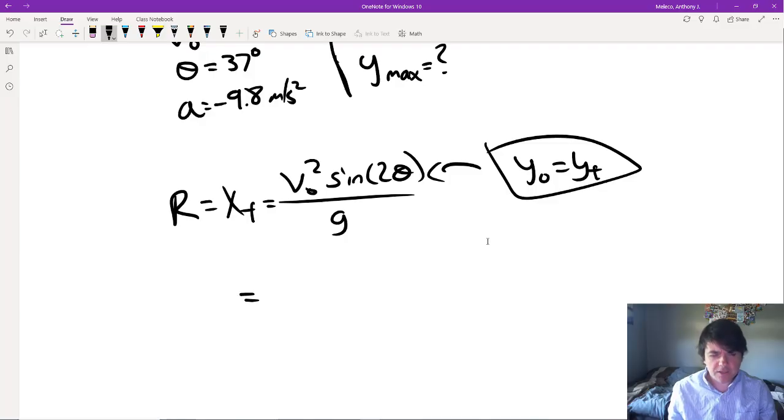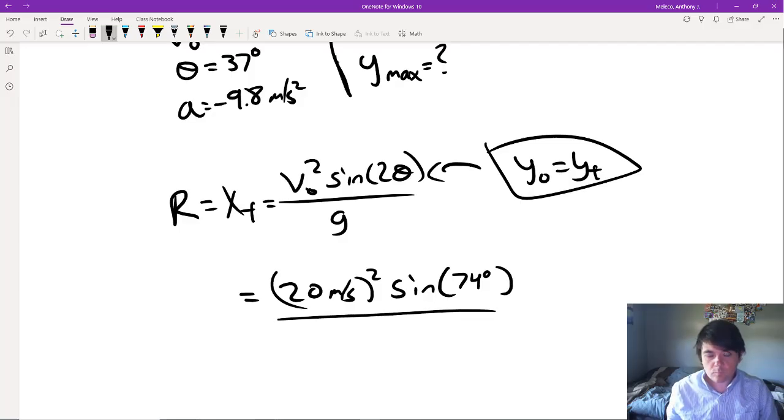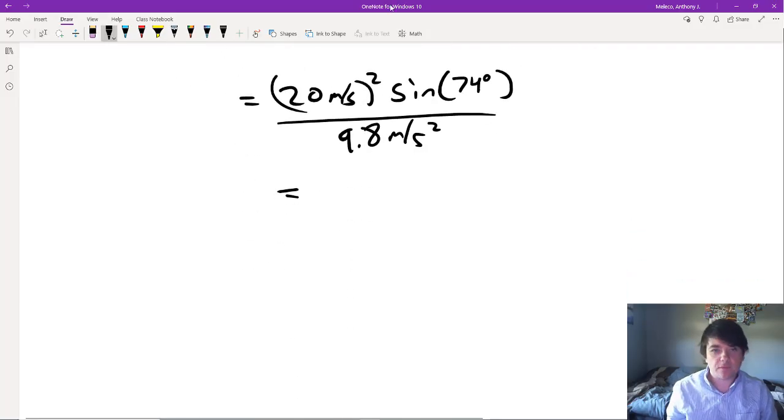So we can plug that in. 37.2, which is what, 74 degrees? And then 9.8. Remember that you don't make this negative because the negative is pulled out when you're deriving this formula. So you always use a positive one here. And you get 39.2. Cool.